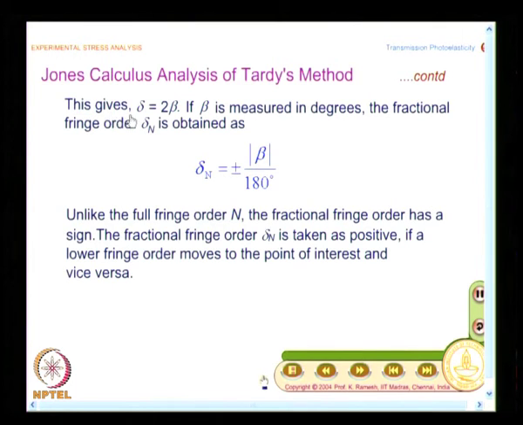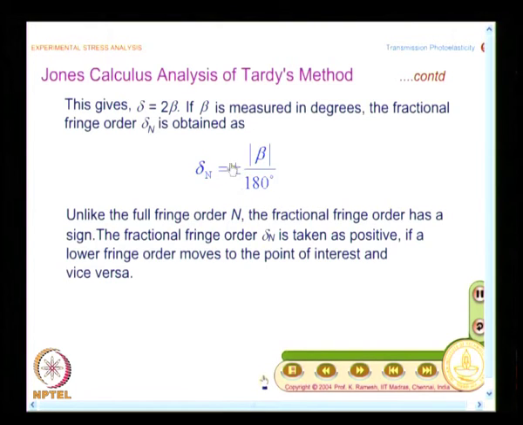What we have seen is, we get delta equal to 2 beta, and since beta is usually measured in degrees, which is very convenient, I get the fractional fringe order as beta by 180 degrees, and I do not attach the sign.